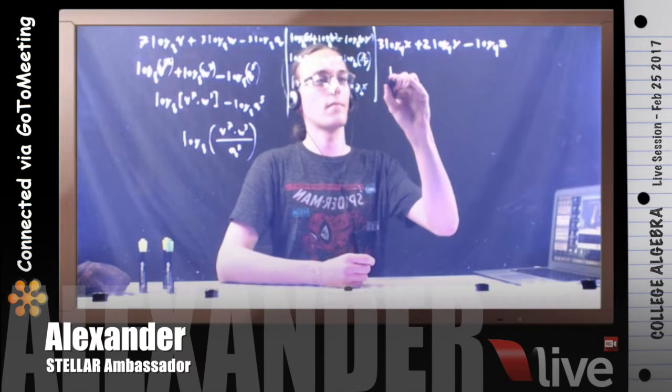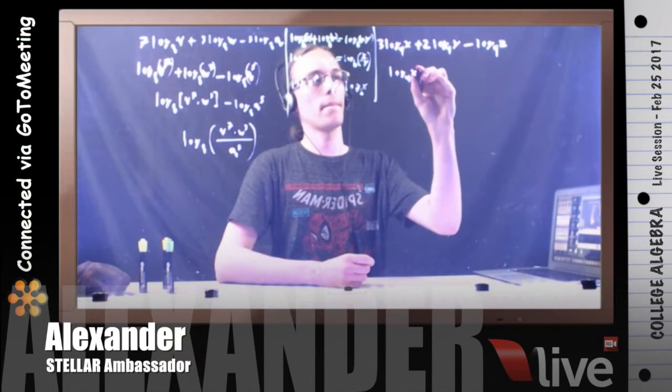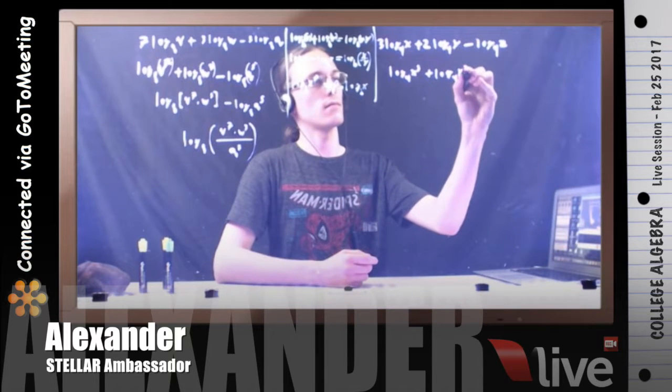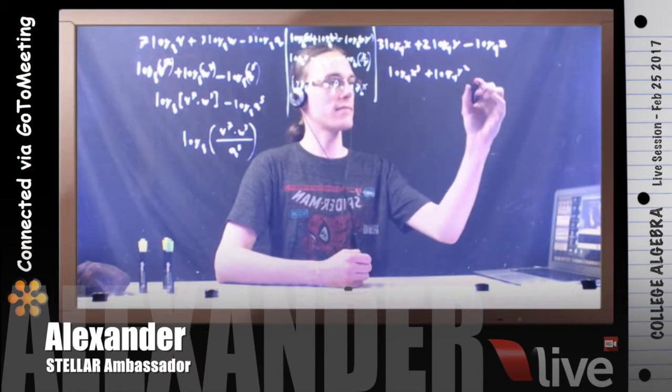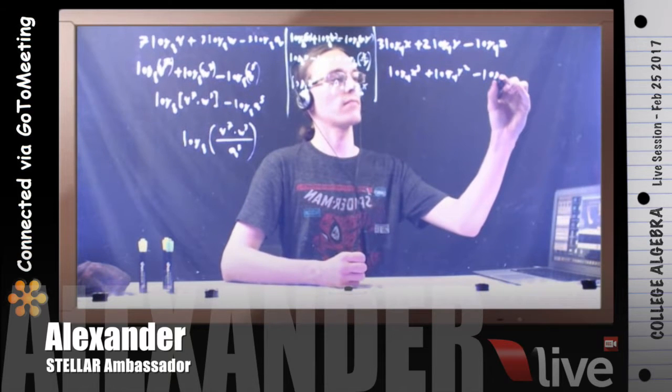Yep. Okay. So we're looking at log base 4 of x to the third, plus log base 4 of y to the second, and then minus, this one didn't have one, so it's just log base 4 of z.